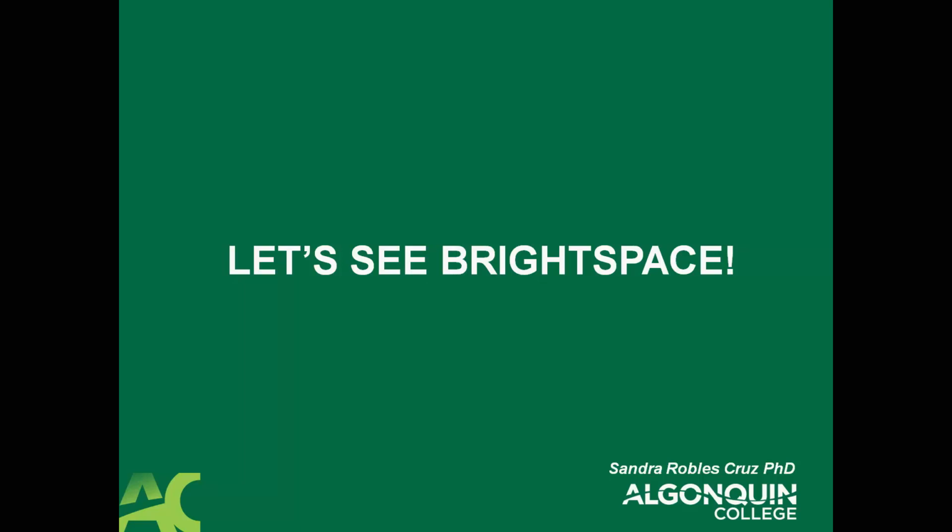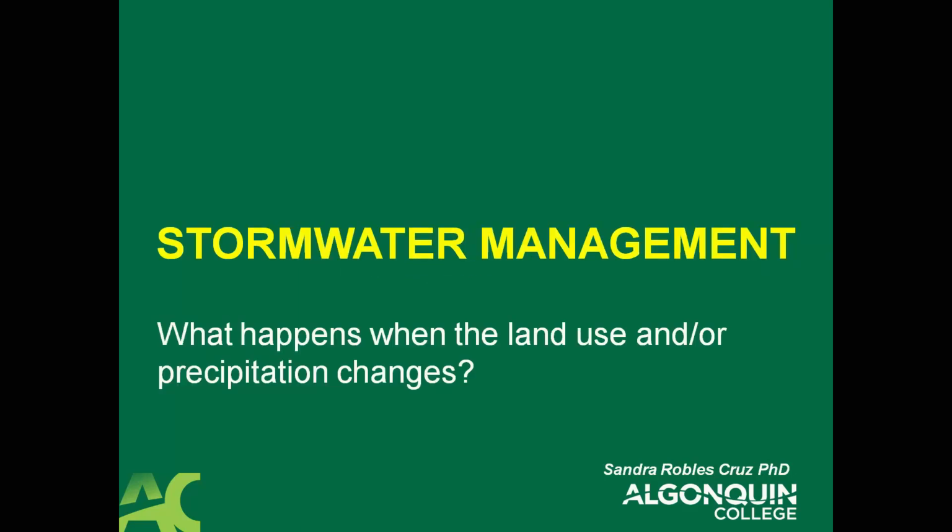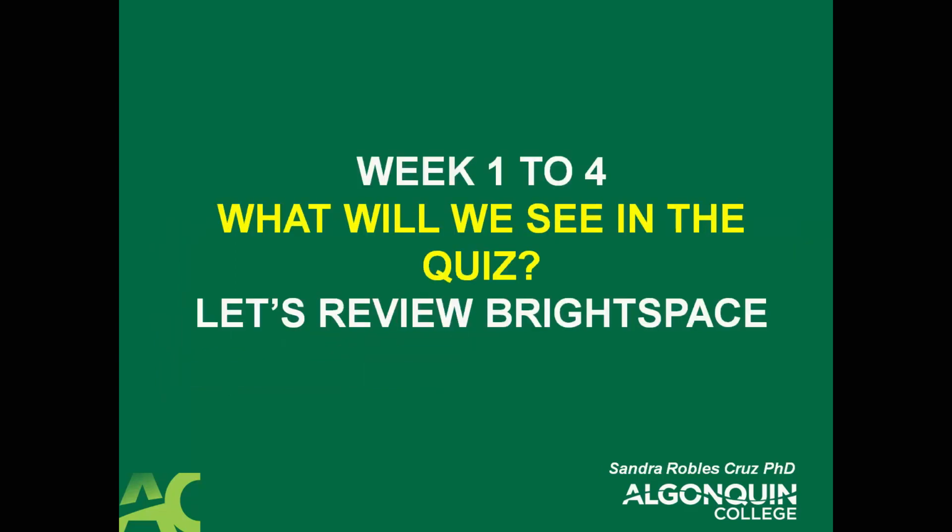As we saw in Bright Space, it is basically what we have summarized in the lectures, lecture 1, 2, 3, and 4, and basically one link in week 3 that we need to study. We also involve concepts of stormwater management and what happens when the land use and or precipitation changes. So this is what we'll see in the quiz.